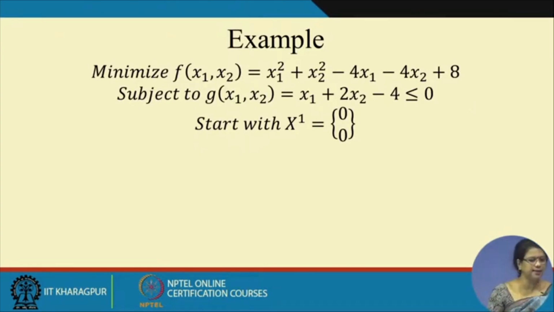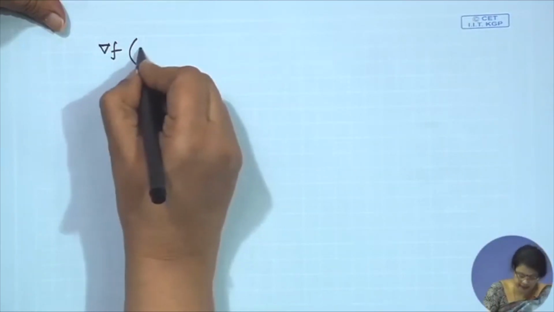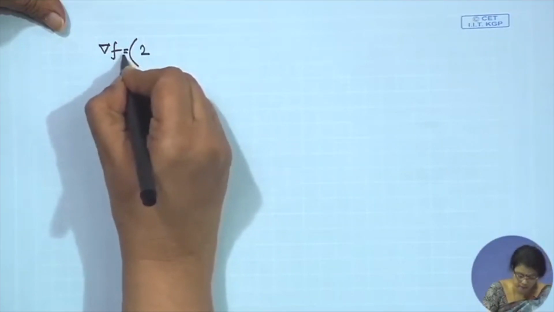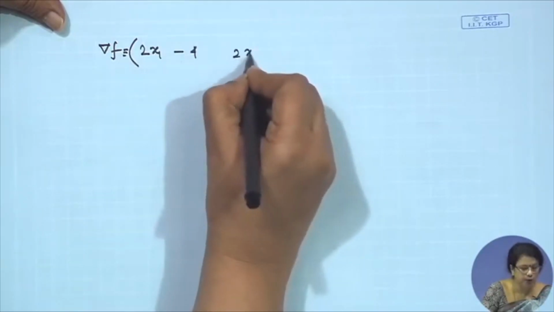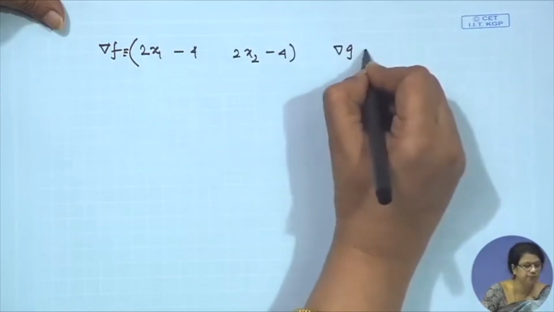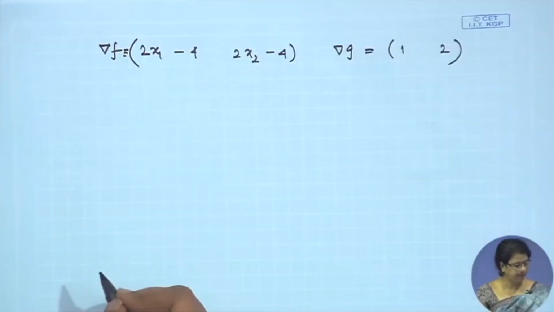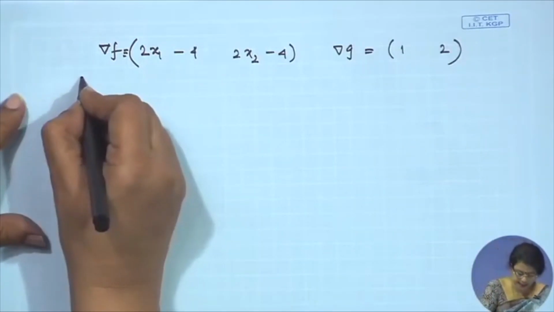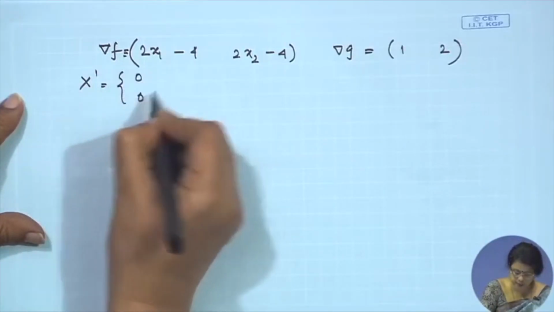Just look at this, we are starting from the point x 1. If we consider grad of f, we are getting 2 x 1 minus 4, 2 x 2 minus 4. Grad of g is 1, 2. Now, my point x 1 is given as 0, 0.